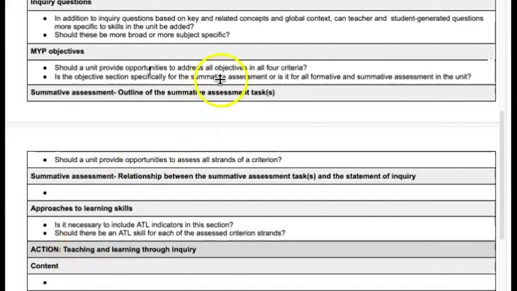So let's see, is the objective section specifically for the summative assessment, or is it for all formative and summative assessment in the unit? Well, the objectives, if they are summatively assessed, you are going to give formative feedback in the progress in those same objectives.